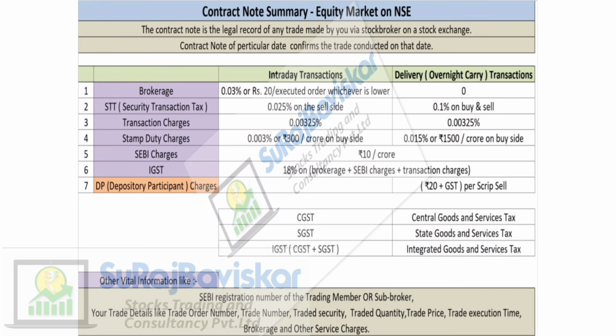And then there is one more charge which you have to pay for a depository participant, that is DP charges, which is 20 rupees plus GST per scrip or stock. When you are selling, if you have, let's say, 10 stocks in your portfolio and you are squaring up all 10 stocks, that time 20 rupees plus GST per stock, that is 20 plus GST into 10, you have to pay to your broker or DP, NSDL or CDSL, whatever the case in your case.